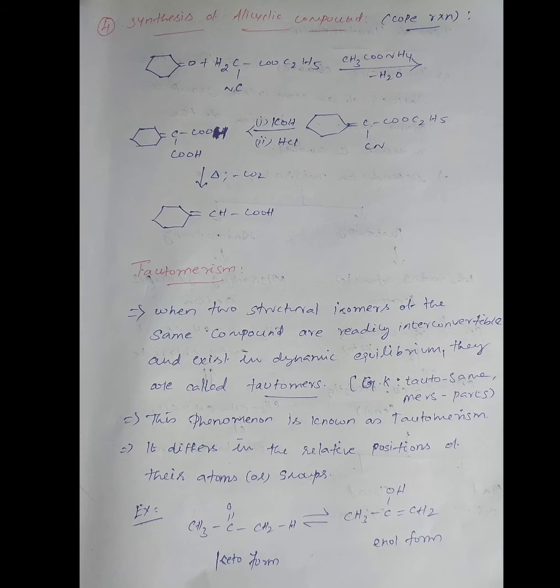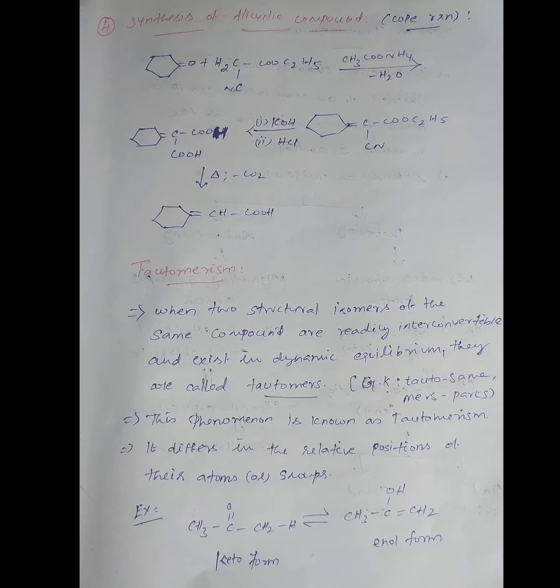Next, synthesis of polycyclic compound. This is the Hope reaction. Cyclohexanone reacts with cyanoacetoacetic ester in the presence of ammonium acetate. One mole of water is removed. So what is the product? A cyclohexane ring with a double bond, C(CN)COOC2H5. Here 2 types of hydrolysis are possible.